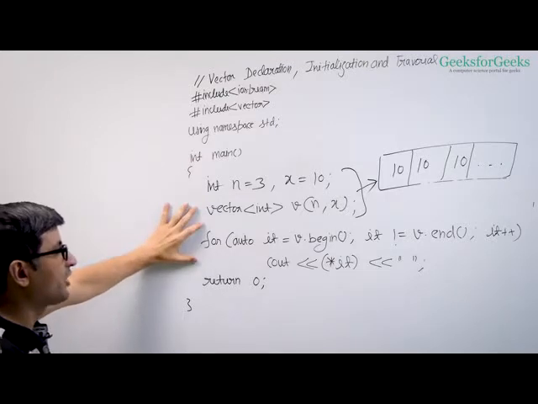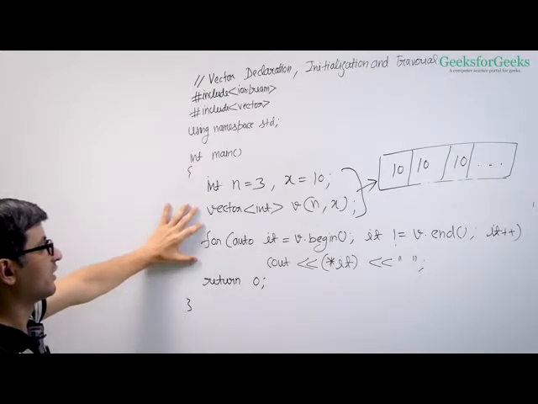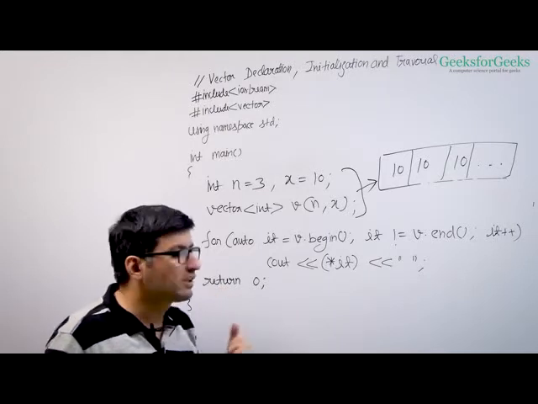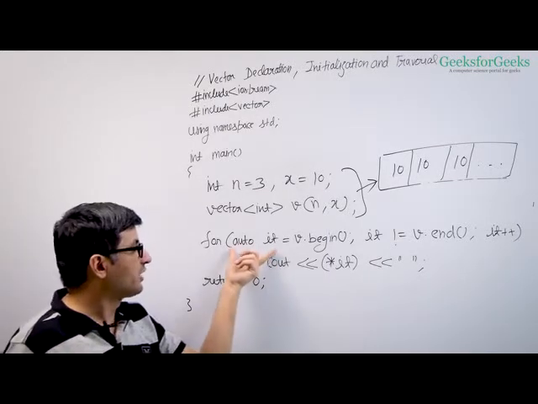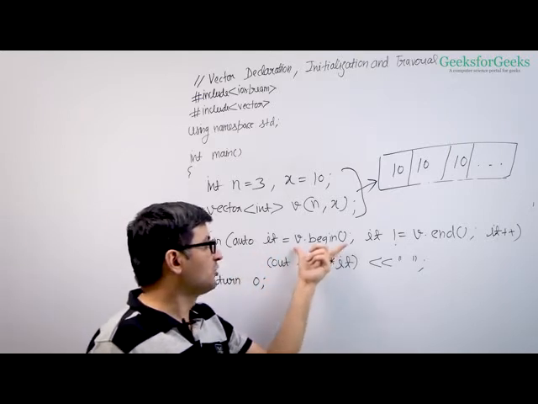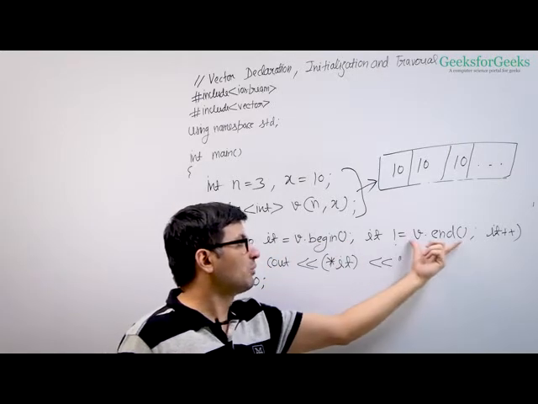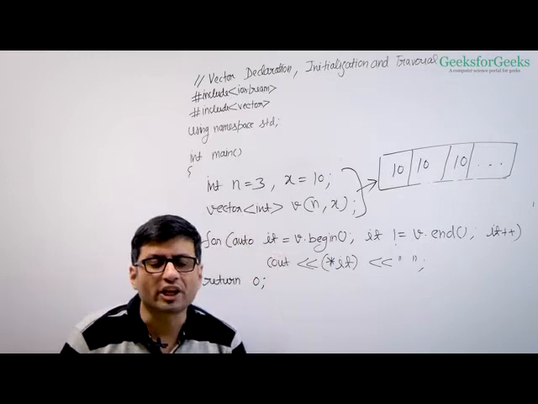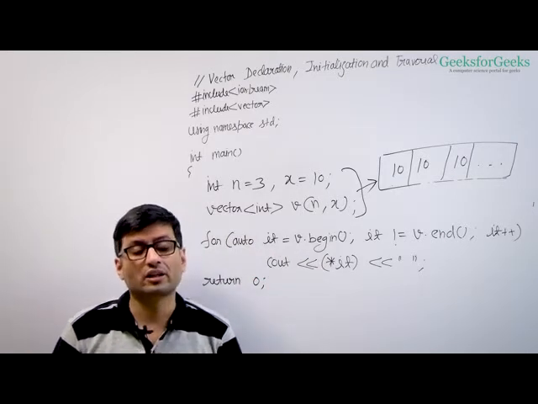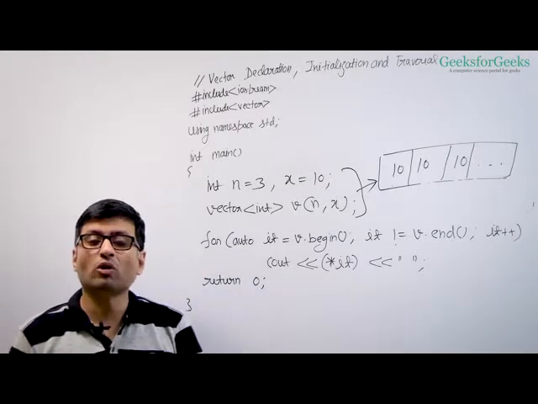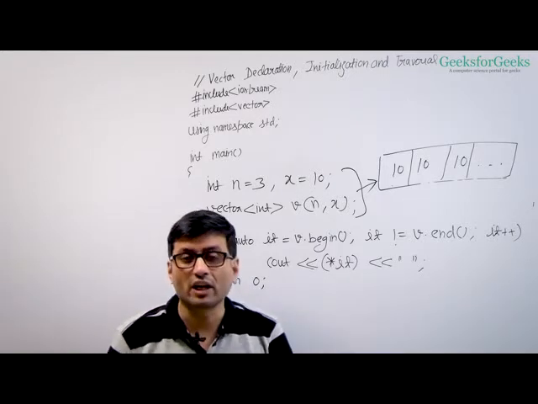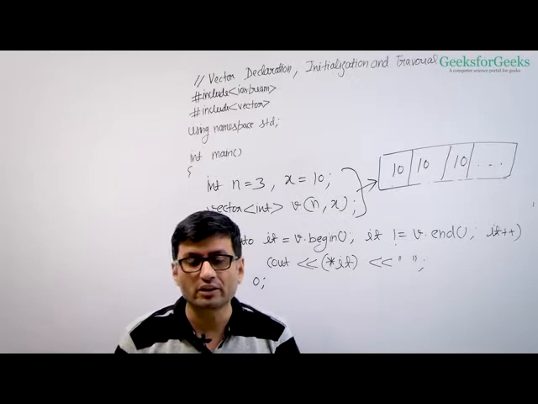This is a new style of traversal. Here we are traversing the vector using iterators. We have an iterator and we are using a function begin and one more function end. So what is an iterator? An iterator gives you the address of vector elements. Not only vectors, iterators are used with every container.